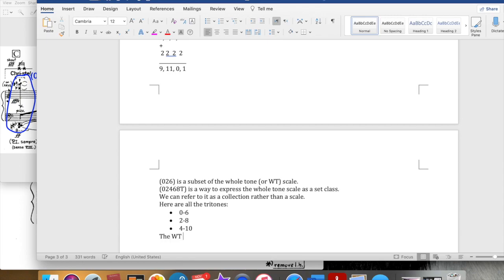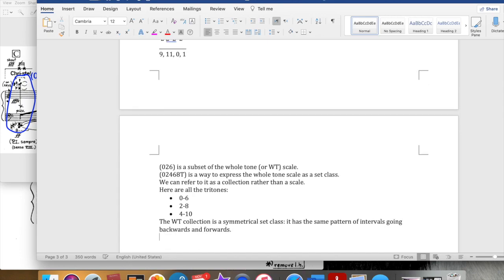The whole tone scale is, let's go with collection, I just told you to do that, a symmetrical set class. It has the same pattern of intervals going backwards and forwards.